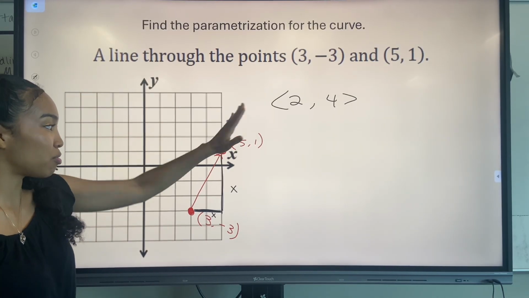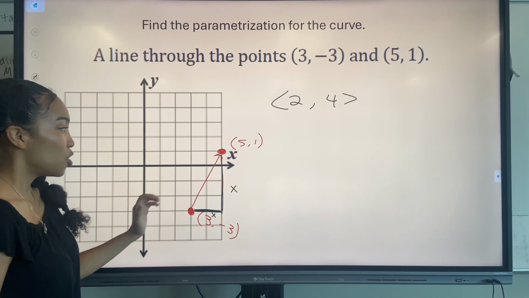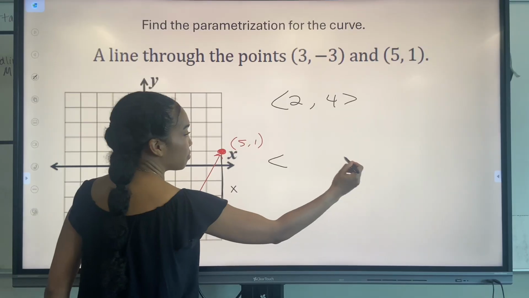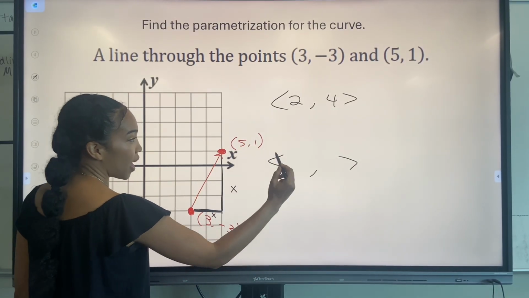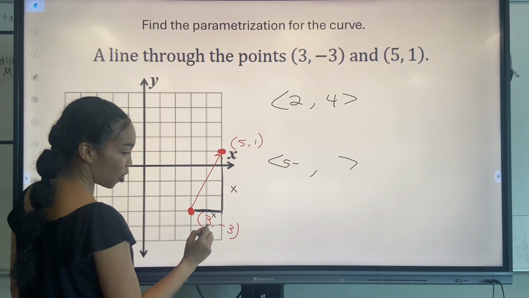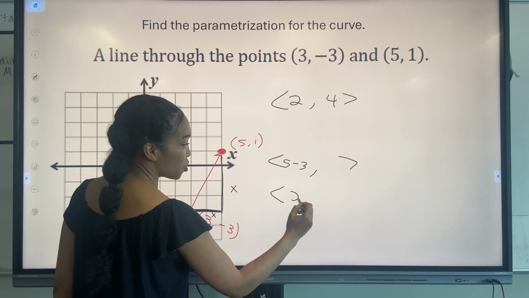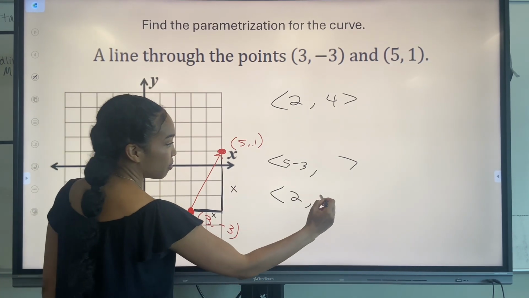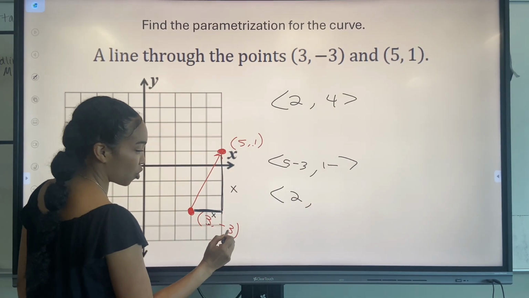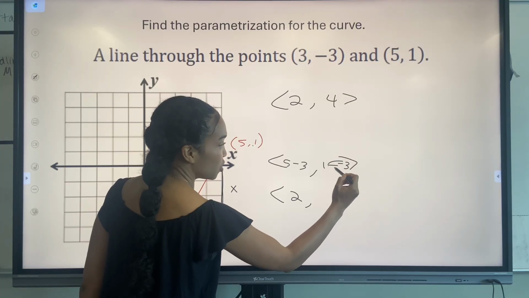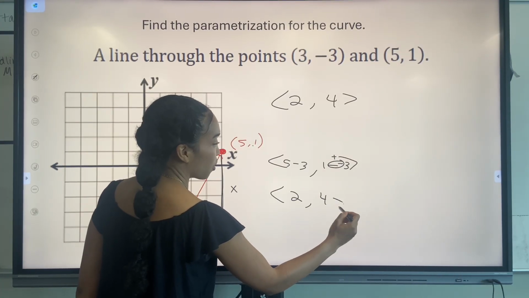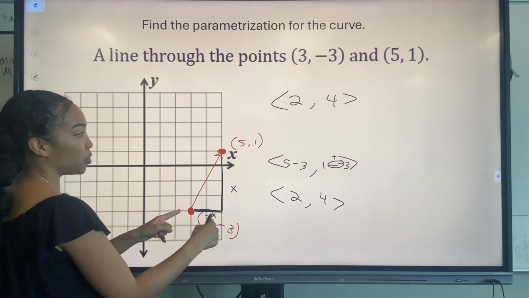That's the component form of this vector. You can also do this by taking your ending point 5 minus your starting point 3, which is 2, and then 1 minus your starting point, negative 3. Two negatives become a plus sign, you get 4. So that is your component.